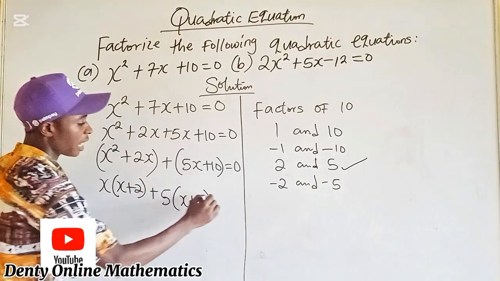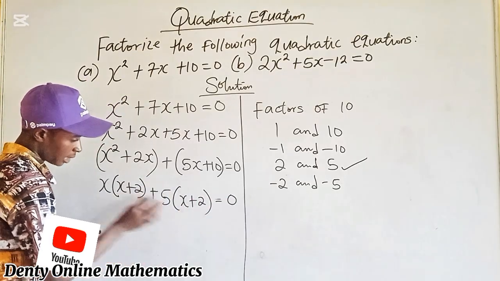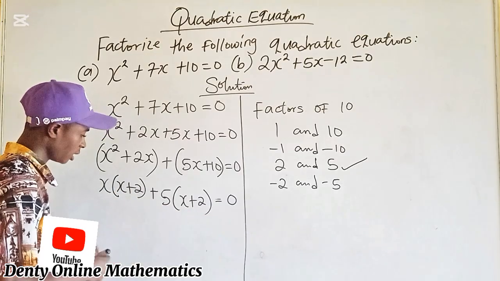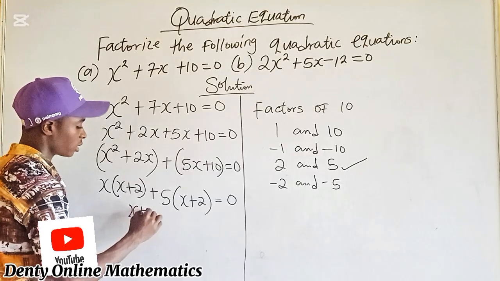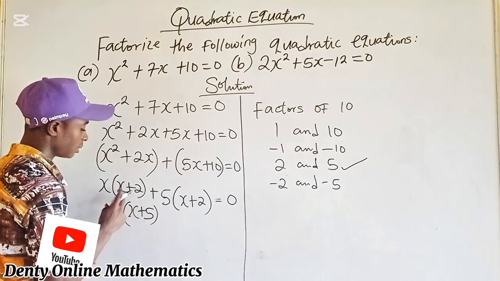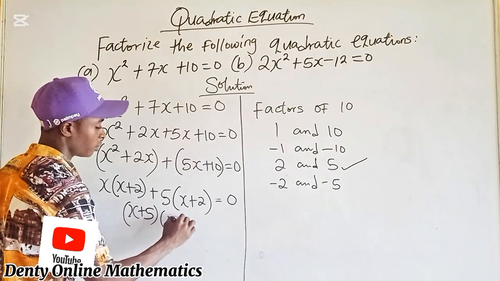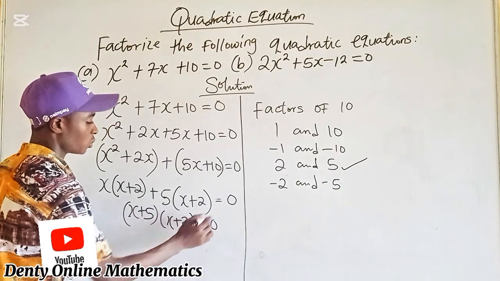Now you will see that this bracket and this bracket have the same elements in them. So I can pick out these two outside, which is x plus 5, and pick just one x plus 2. All of this is equal to 0.